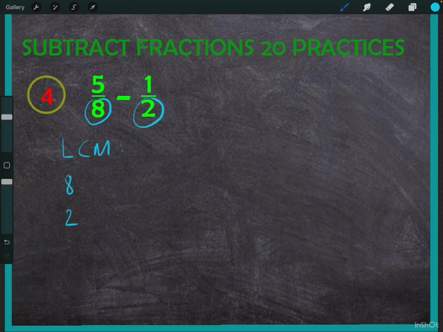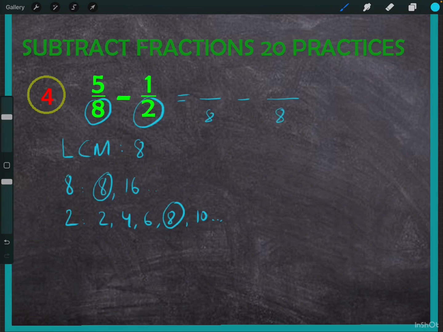First, the multiples of 8 are 8, 16, etc. The multiples of 2 are 2, 4, 6, 8, 10, etc. We see that 8 is the least common multiple of 8 and 2, so the LCM is 8. From here, we will convert the two original fractions into two new fractions with the denominator being the LCM, which is 8.